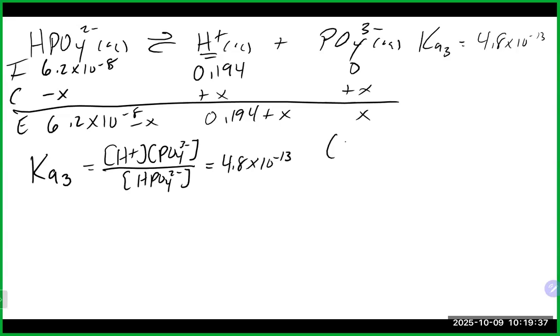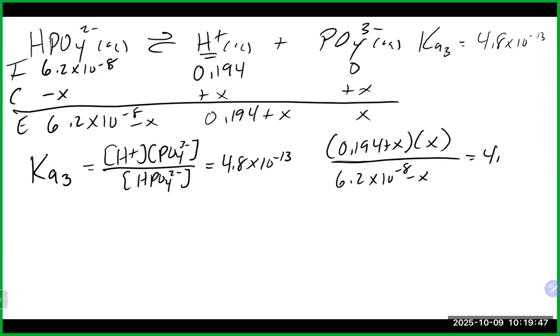Putting our numbers in, 0.194 plus X times X divided by 6.2 times 10 to the minus 8 minus X equals 4.8 times 10 to the minus 13.